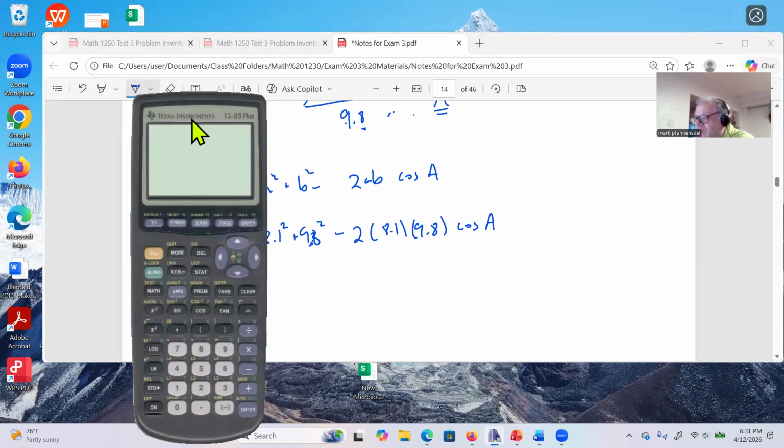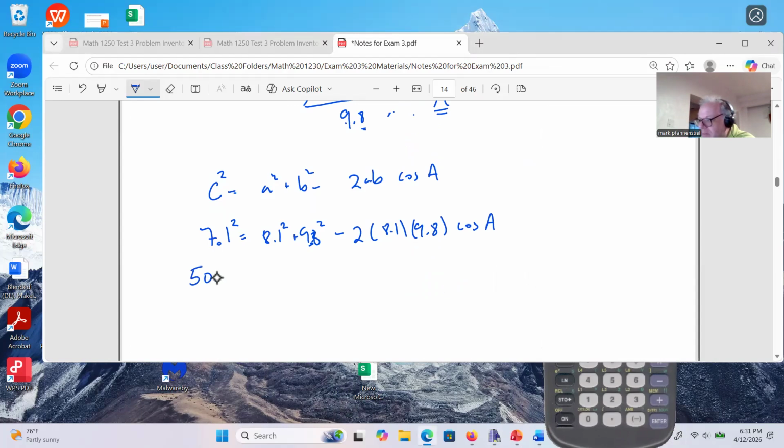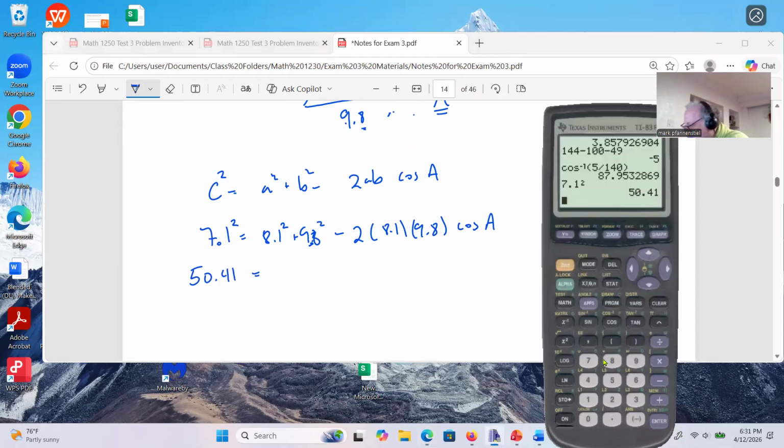All right, so the first thing we're going to do is just type this stuff in. So we have 7.1, and we're going to go ahead and square it. So that'll be 50.41. So here we go, 50.41 is equal to, and now we have 8.1, and we're going to square it.